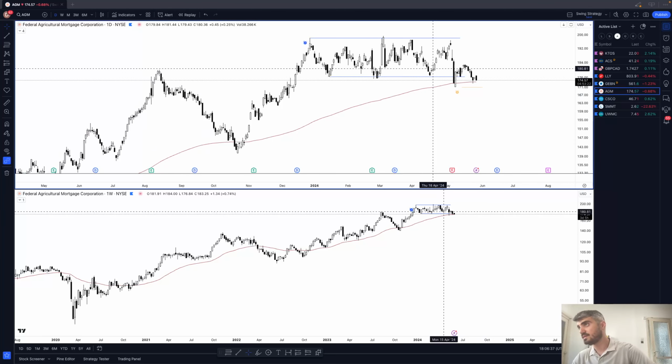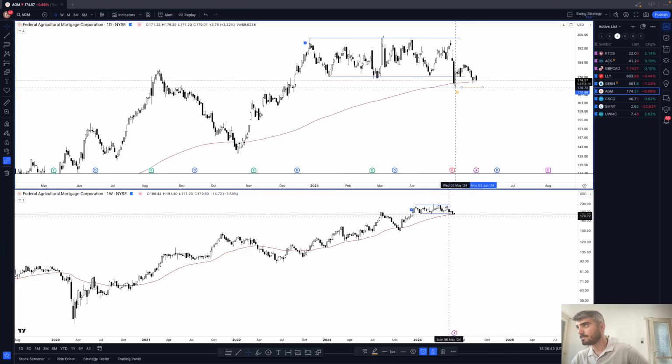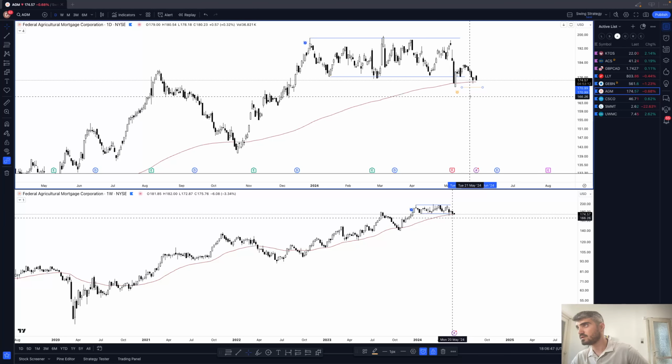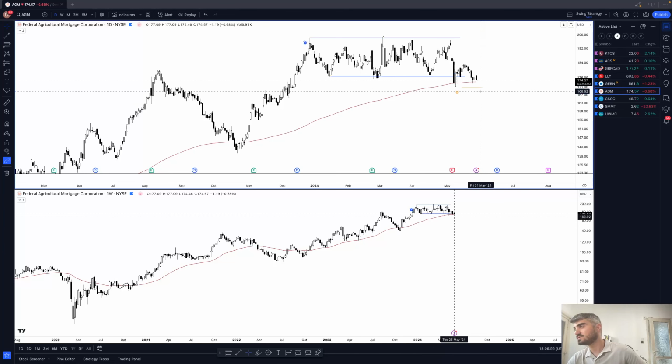So it will be double the range of this rectangle. Once again, the close should be below this minor swing low. So far it's looking good. We do need to see a break below the 200-day EMA and a firm close below this entry point.